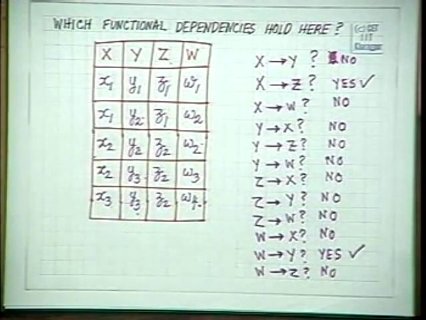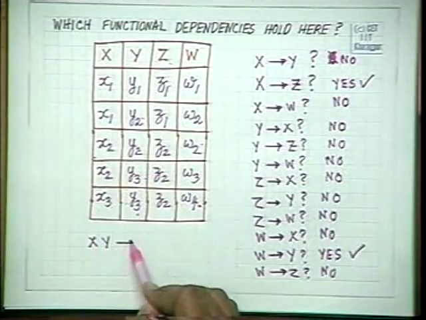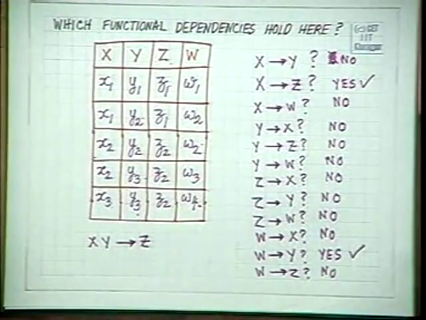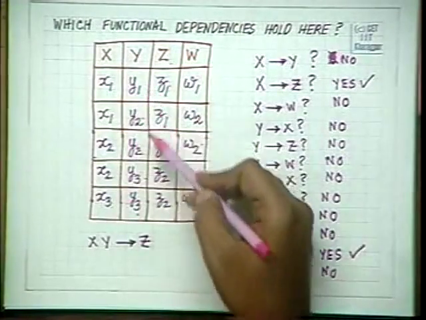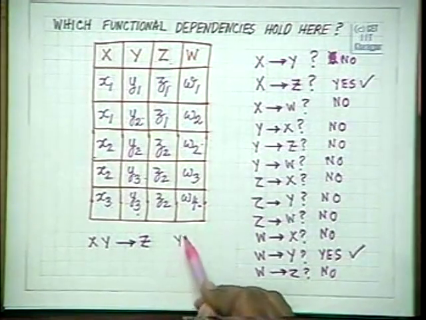We can always say x and y give z, because that is not violated, since there are no tuples with the same value of x and y. So we will say this holds.